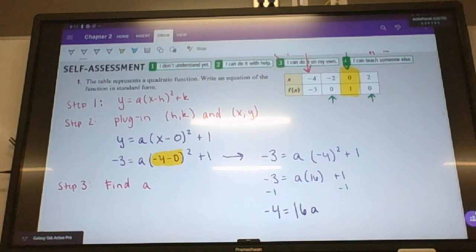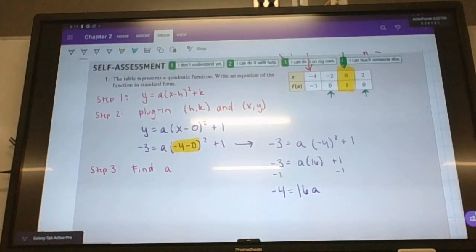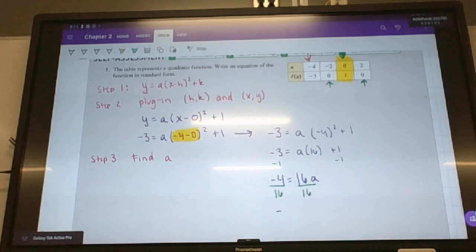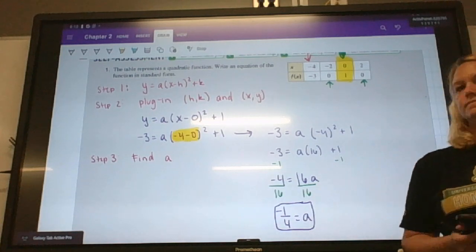Negative 4 equals 16A. Divided by 16. Negative 1/4 equals A. Wow, we got a fraction.